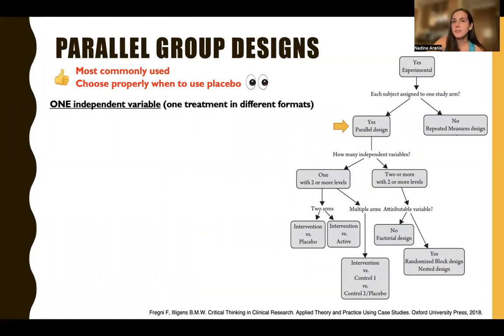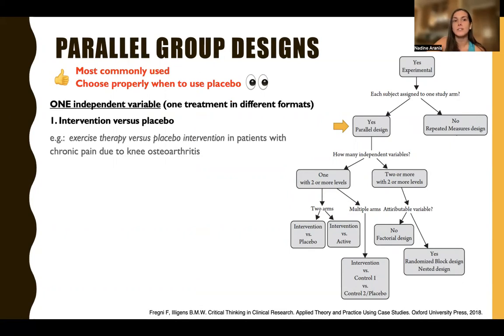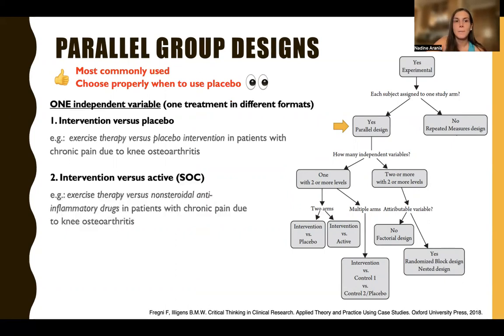If we have one independent variable, this means basically one treatment in different formats. We can compare intervention versus placebo, for example, administering exercise therapy versus placebo intervention in patients with chronic pain due to knee osteoarthritis.